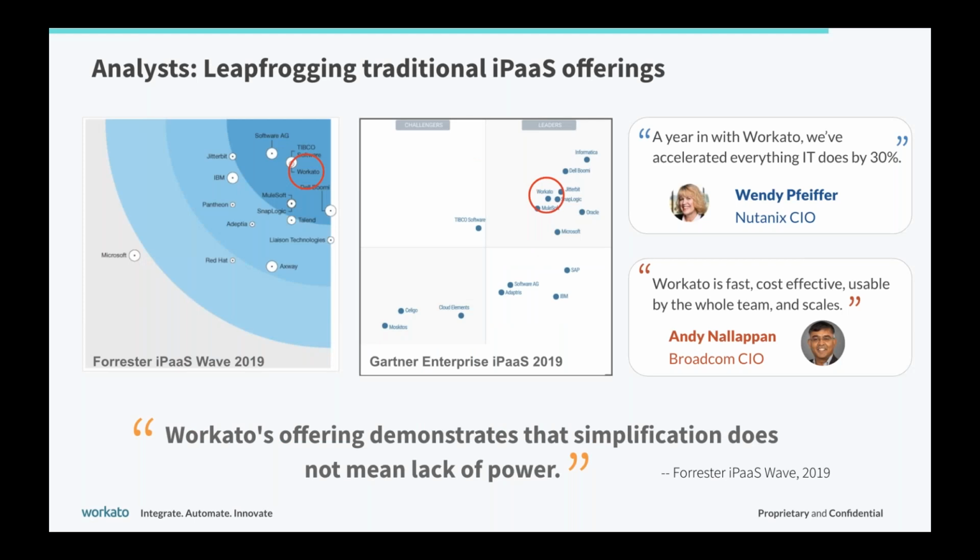We are ranked as leaders by both Gartner and Forrester, and as I was talking about our focus, what's great about some of the feedback that we got is that simplification, ease of use, speed does not necessarily mean a lack of power.